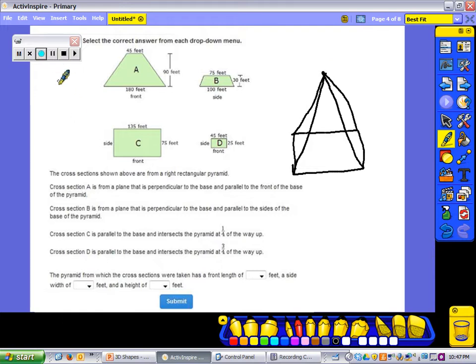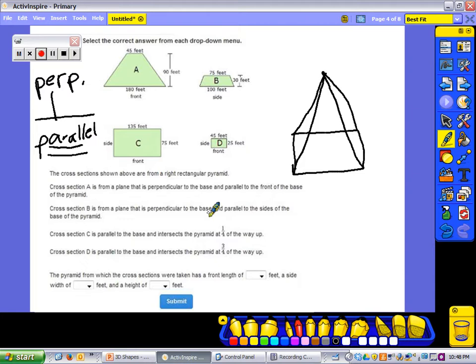Side note: perpendicular, if we're talking about the base, means it cuts straight down. Parallel, which you may be more familiar with, means if this is the base, the cut is above it and does not cross it at all.